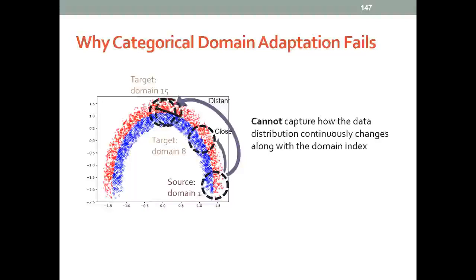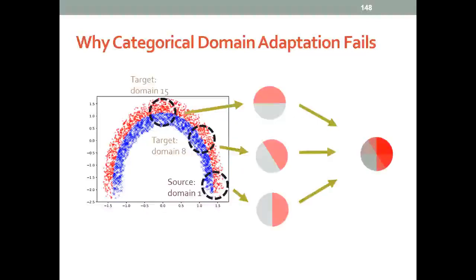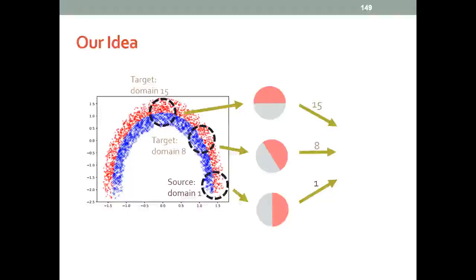Therefore, they cannot capture how the data distribution continuously changes along the domain index. And all they can do is just blindly transform the data into a common space, which leads to poor performance. And our idea is to take the domain index as input as well. And hopefully the model can learn to rotate the data distribution according to the domain index.